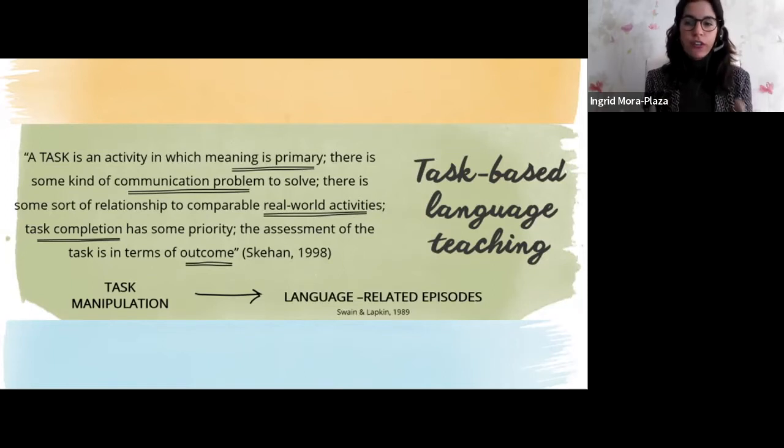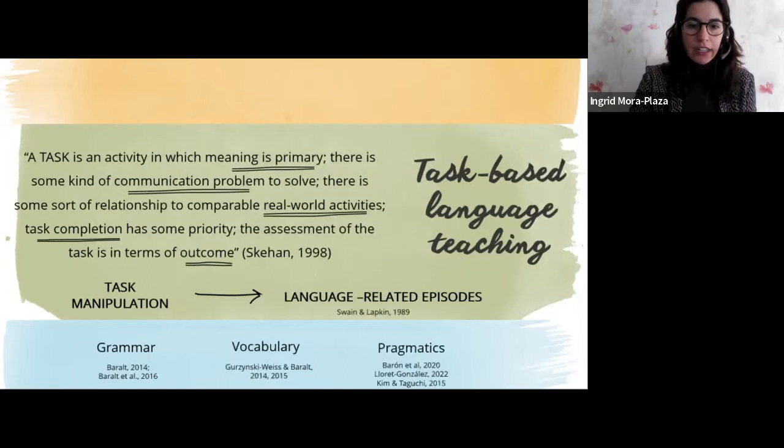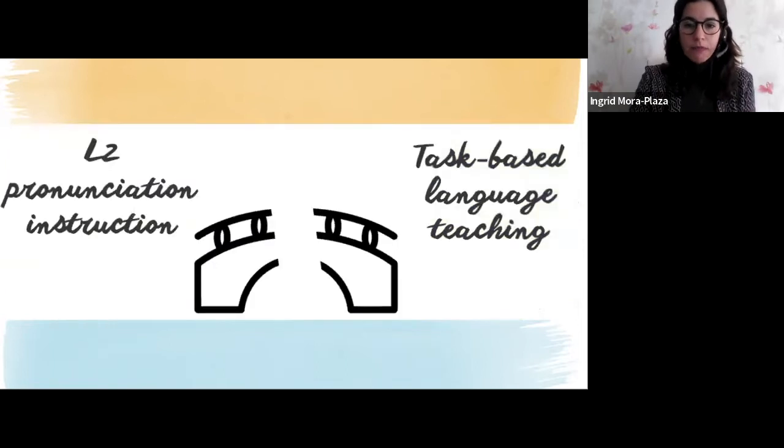So whereas decades of research on TBLT have demonstrated that task design and task manipulation may encourage L2 development, most research examining the facilitative role of tasks has focused mainly on CAF, which is complexity, accuracy, and fluency, and also on specific language dimensions like grammar, vocabulary, and pragmatics. However, the fields of TBLT and L2 pronunciation instruction very rarely liaise.